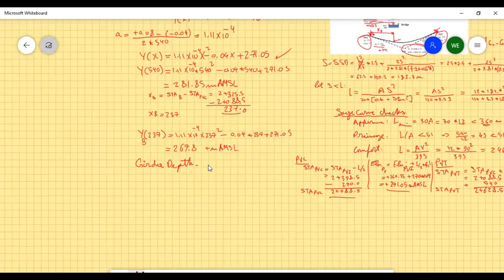So the girder depth, here we have a bridge and the allowable distance for a girder is here. We have the elevation here, it's 263.5 meters, and the pavement surface is here, I'm sorry, it's the other way around, 267.8, and this should not be this way.